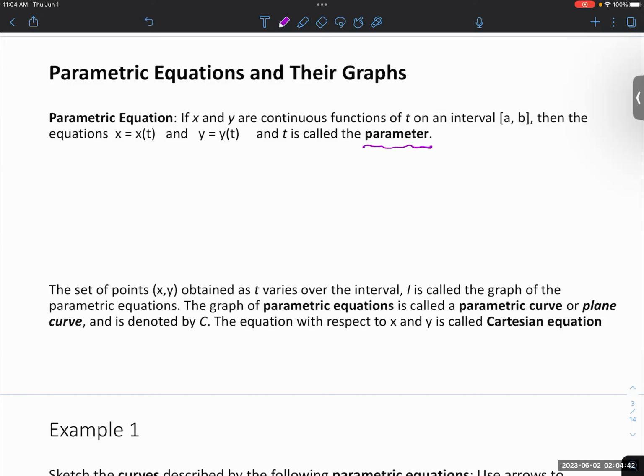Let's say you have functions x and y, and each function is written in terms of the variable t. So x and y depend on the independent variable t, and we call t a parameter. The variables x and y change depending on t.